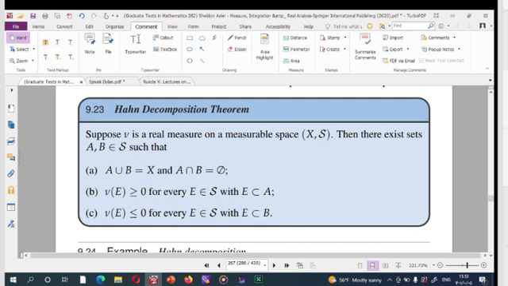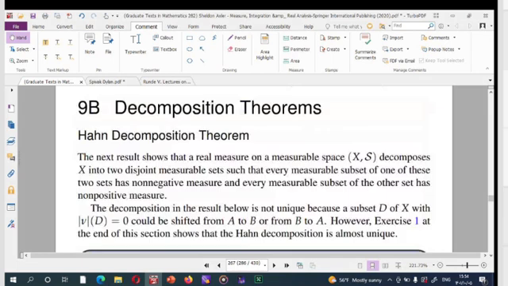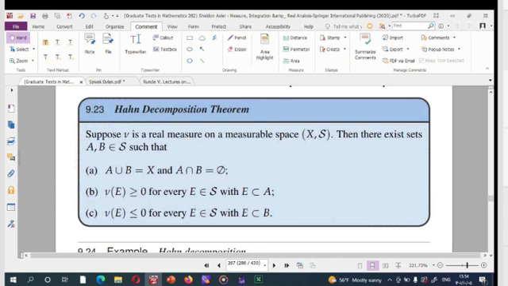For any measure on S, we can find two sets such as A and B in S with these properties. Okay? So any real measure, so please note that this nu is a real measure.